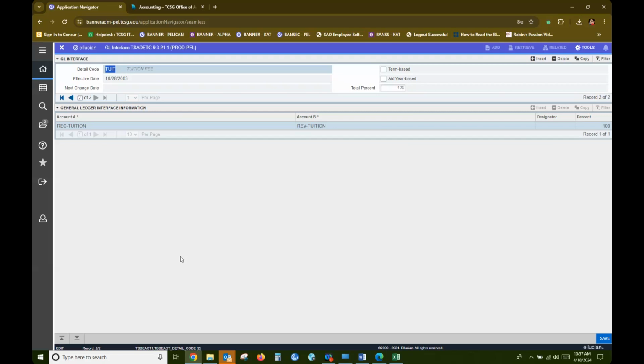Now, a lot of people get very confused when it comes to the general ledgers. And they call us and they say, what is this supposed to be? We can't really tell you that because, again, colleges do their own things. Some colleges use numbers, some colleges use words, some colleges use a combination of words and numbers when they're doing their general ledger account information.